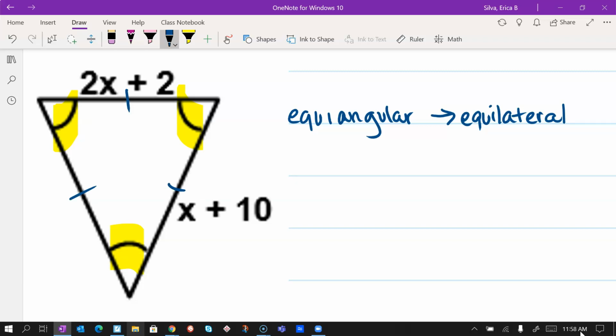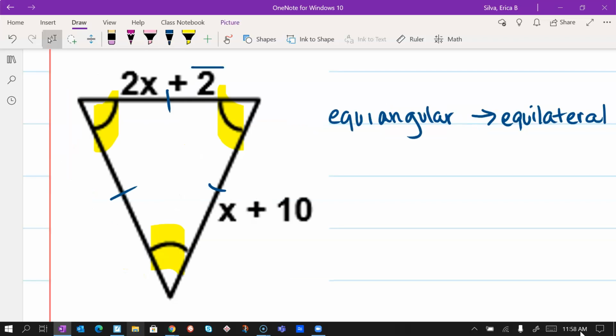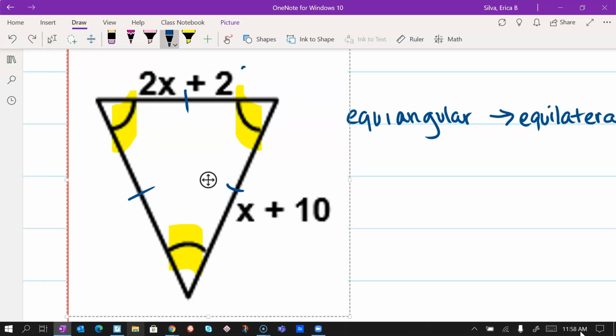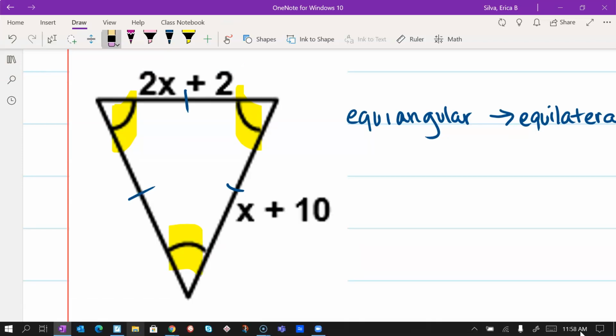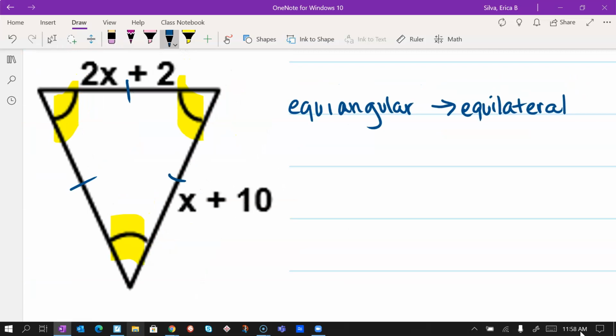Now, the measurements that they give us, are those measurements for my angles or measurements for my sides? They're the sides, because remember your angles should have a little degree measure, and these don't have that degree measure. So because it doesn't have a degree measure, then we know they're sides.